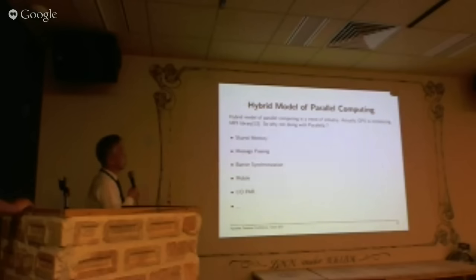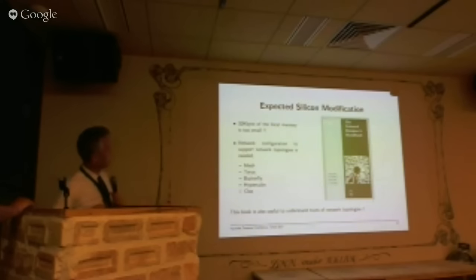Actually, all-time GPU, CUDA, is supporting message passing via MPI, the message passing interface library. So why not do it with Parallella? Just mix them together. So computing might be much more fun.